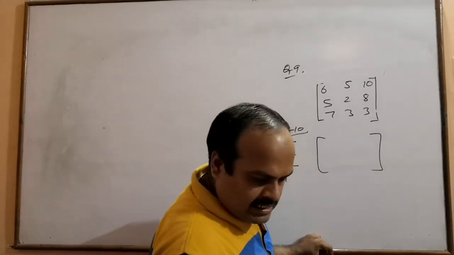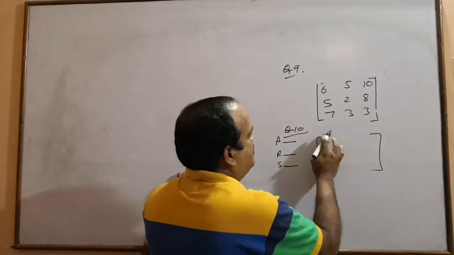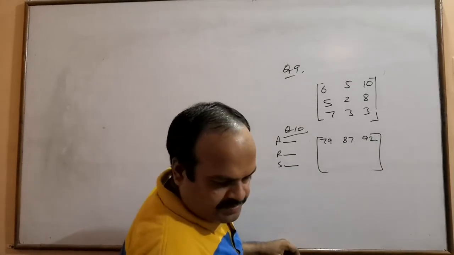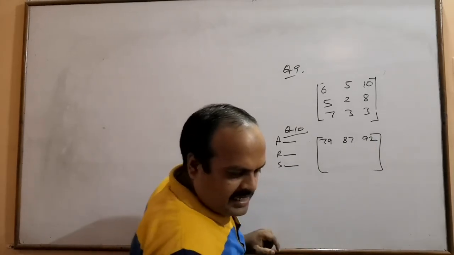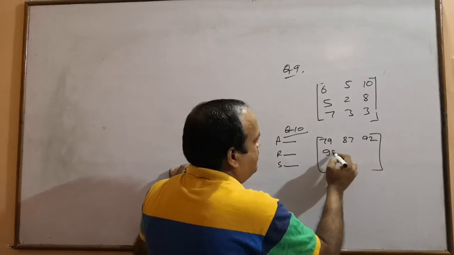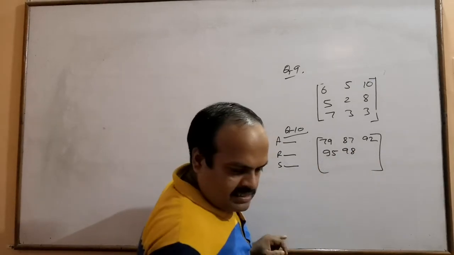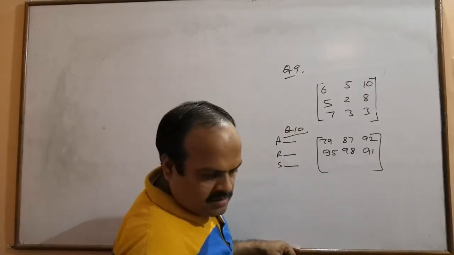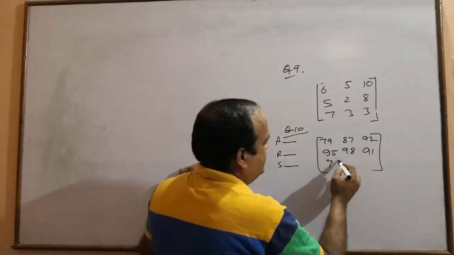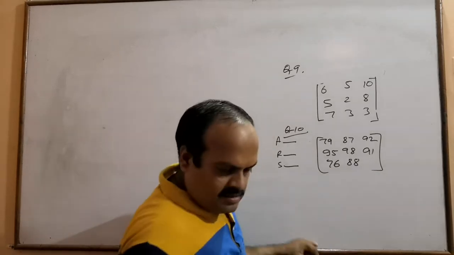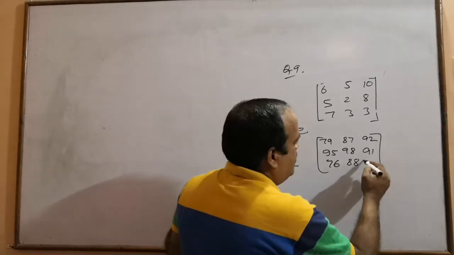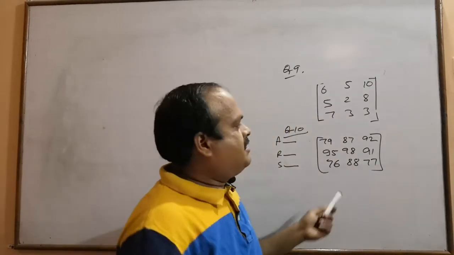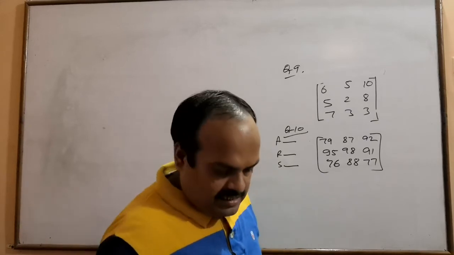Their marks are 79, 87, 92; 95, 91, 95; 98, 91; 76, 88, 77. So these are the arrangement of their marks in matrix form.